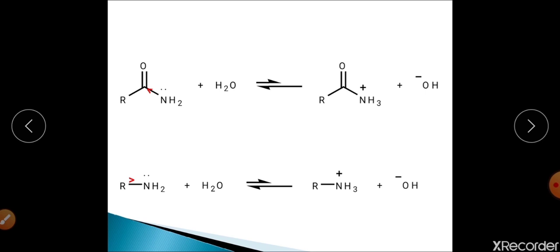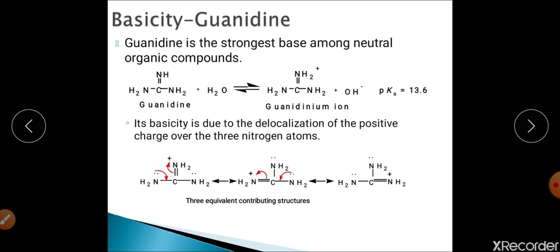So amides are less basic as compared to amines. This is the structure of guanidine, and a question is there: guanidine contains 3 nitrogens, and which nitrogen will be protonated? So our answer will be this nitrogen. This nitrogen will be protonated and it will give rise to the guanidinium ion, right?